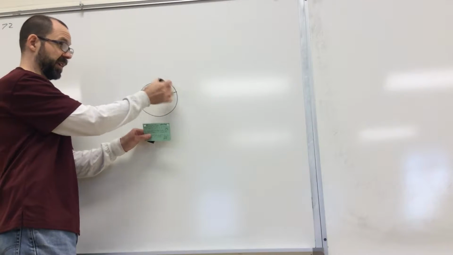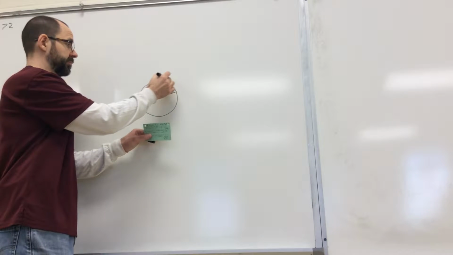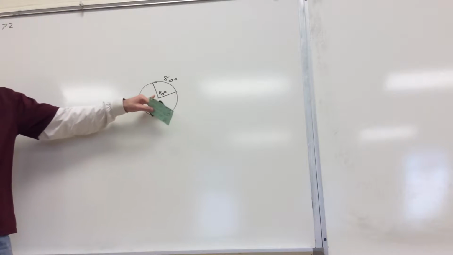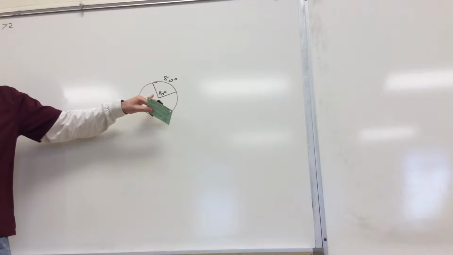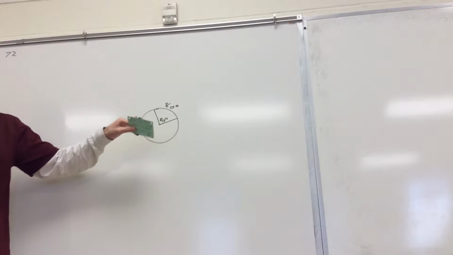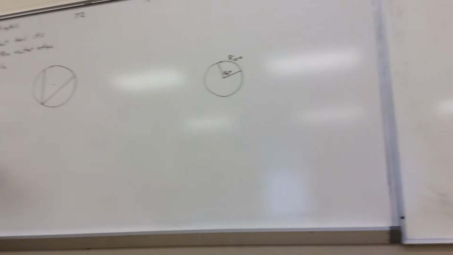If this is 80, what's this? Also 80, right? So we've been talking about the fact that a central angle has the same measure as the arc. That's with central angles. But inscribed angles are different.